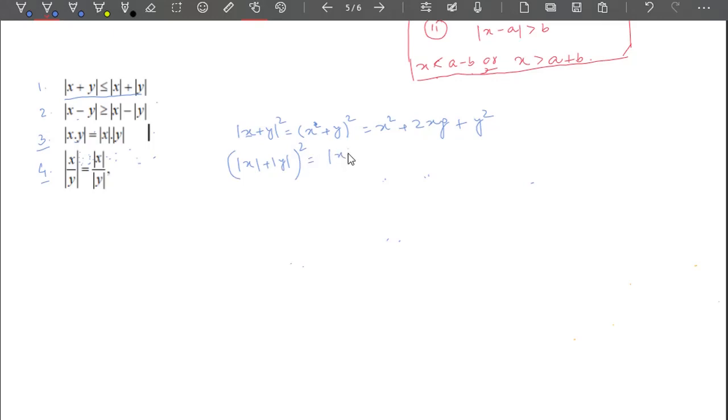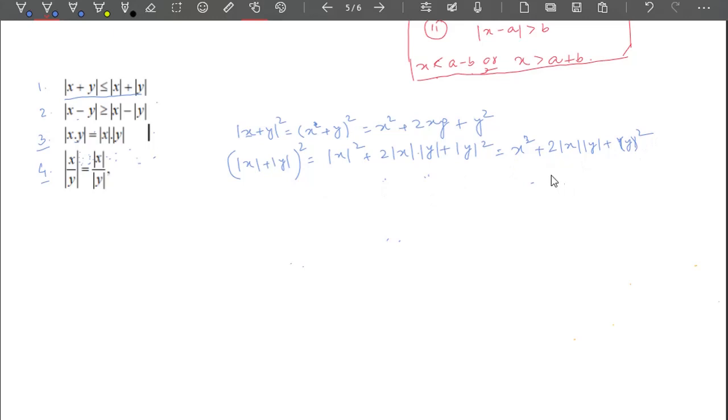This is modulus x square plus 2 into modulus x into modulus y plus modulus y square. That is x square plus 2 modulus x modulus y plus y square.